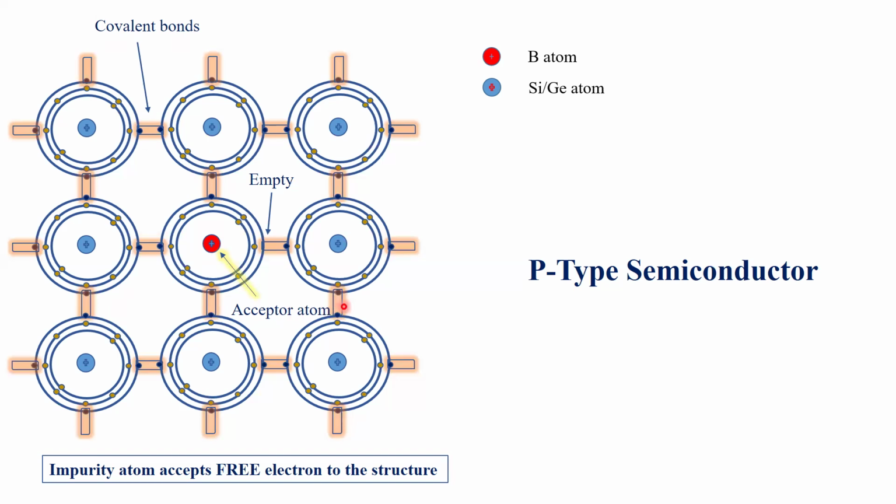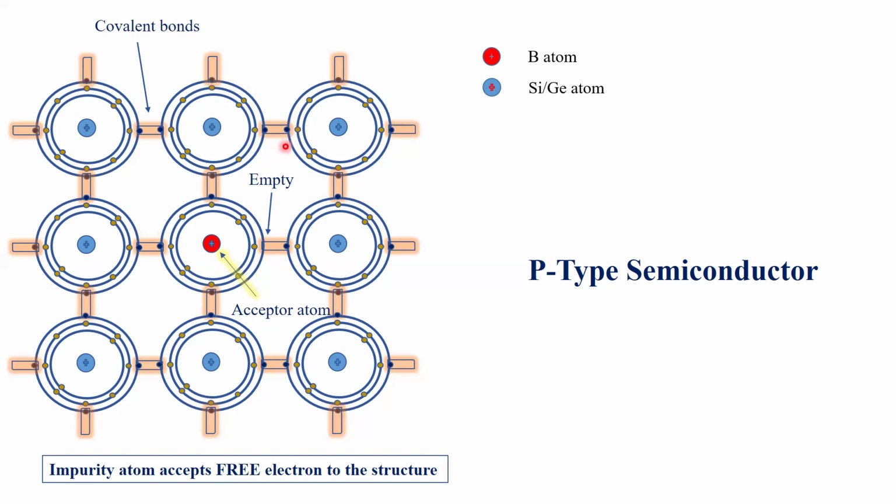With this arrangement in the single crystal silicon or germanium lattice, you have an insufficient number of free electrons. Free electrons are those that have broken the covalent bonding and liberated themselves to take part in the conduction process inside the material.